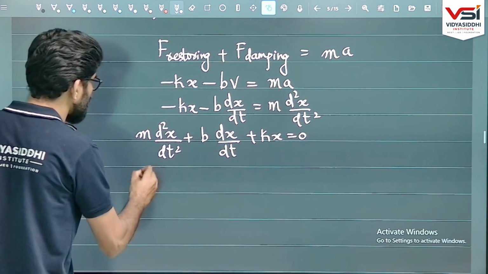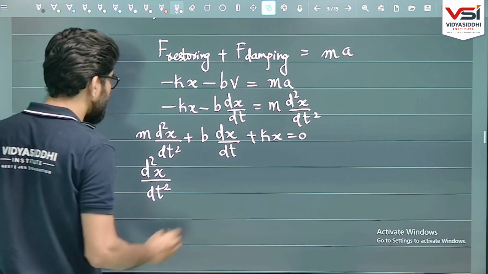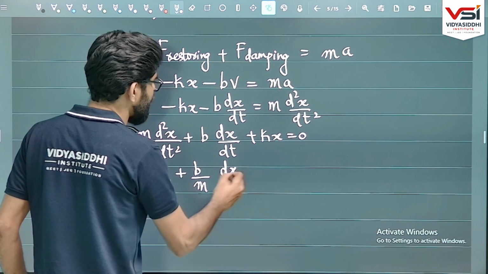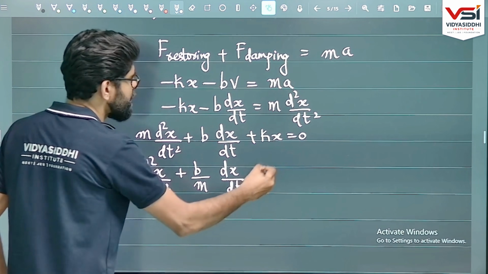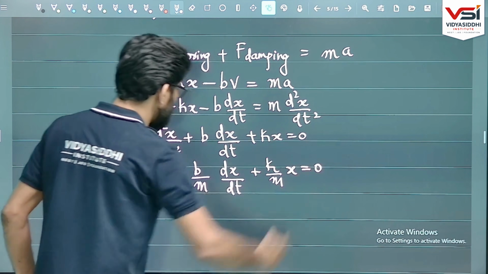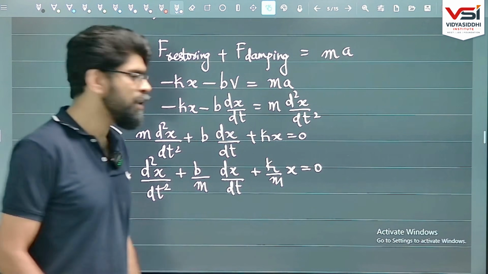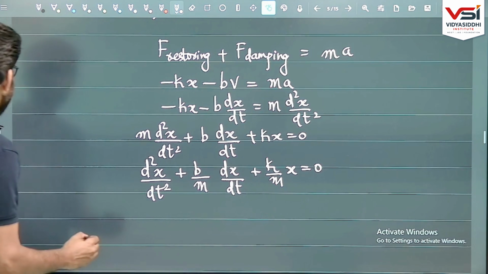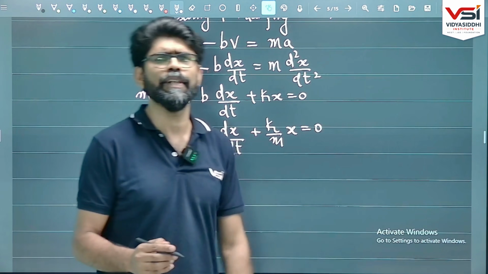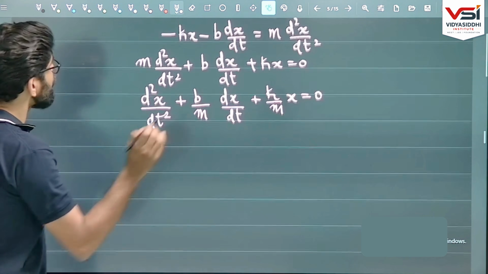Dividing by mass, you get d square x by dt square plus b by m into dx by dt plus k by m into x is equal to 0. This expression is the differential equation for damped oscillation. We are not going for the solution of this differential equation; instead, I am directly going for the amplitude expression.